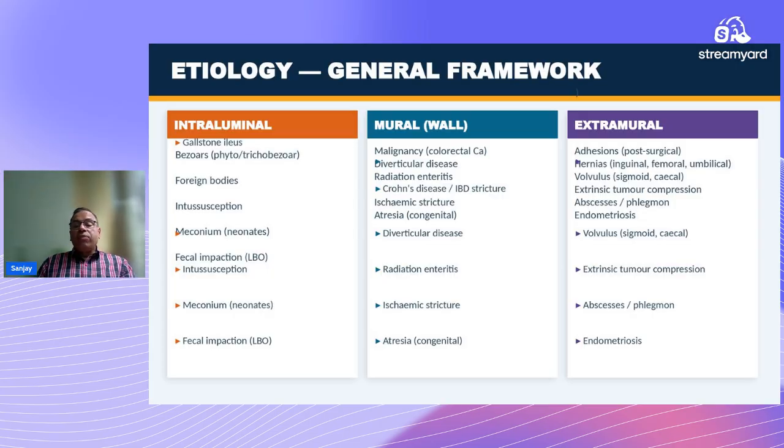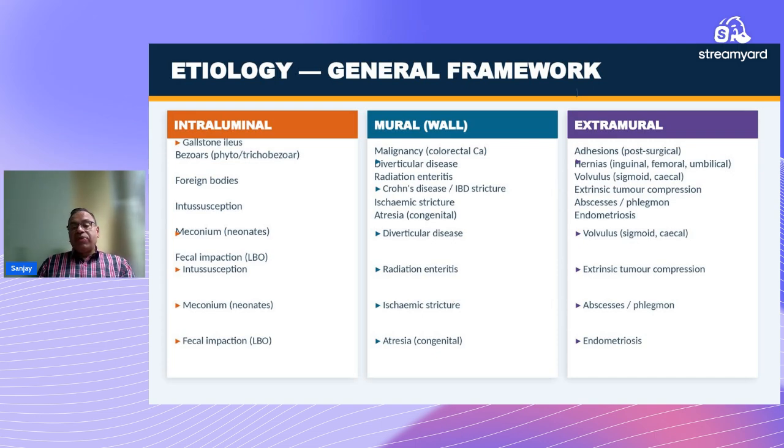And then we come to extramural. That means the causes lie outside the bowel wall. And here we have already seen the post-surgical adhesions, which are the commonest cause of intestinal obstruction in 60 to 70% of cases, the most common extramural cause.